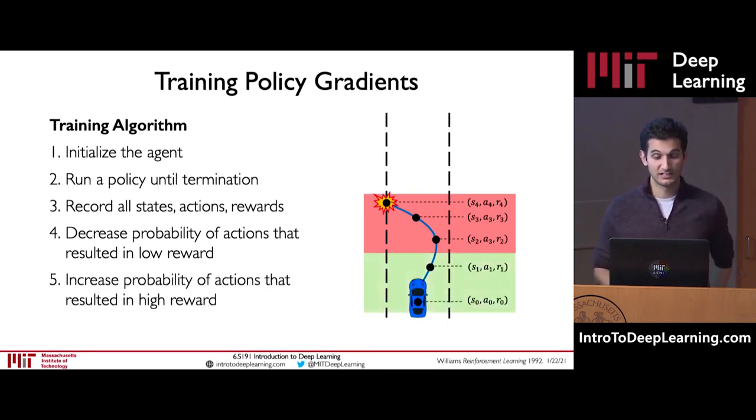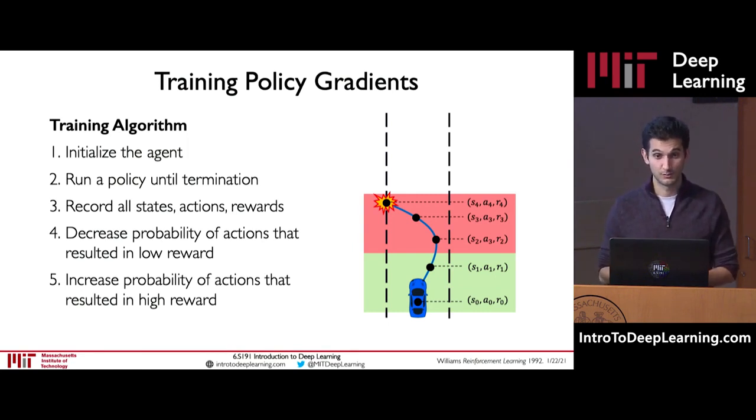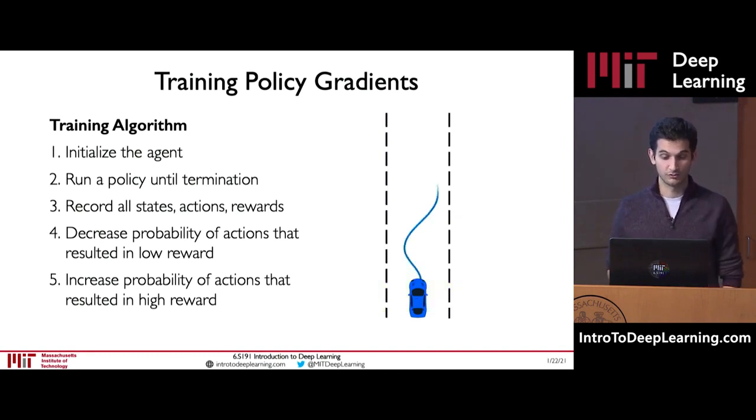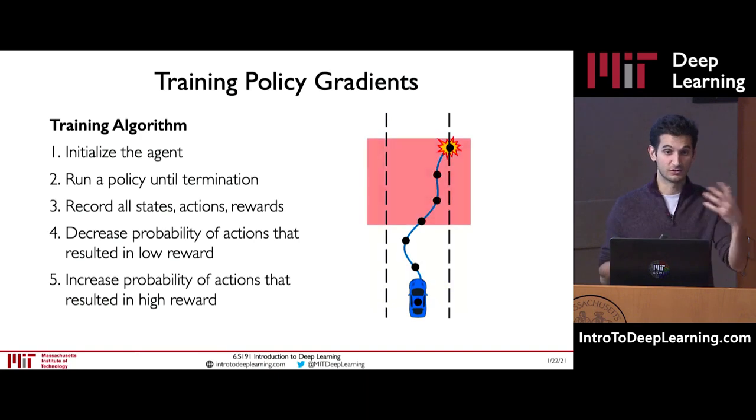And for the actions close to the beginning part, the part far away from our bad rewards, from our penalties, from our crash, let's try to increase the probability of those actions being repeated again in the future, right? So now, the next time we repeat this process, because we increased these good actions and we decreased the bad actions, we see the same process again.